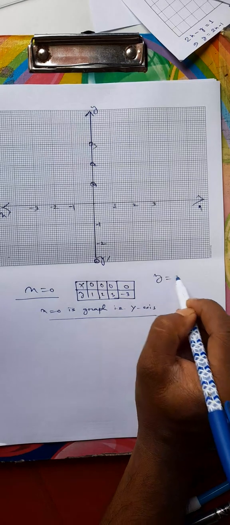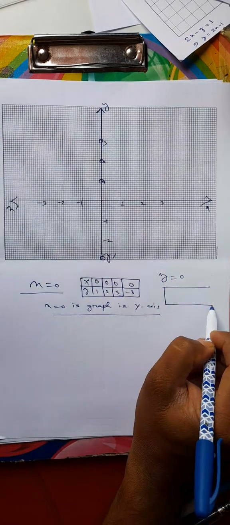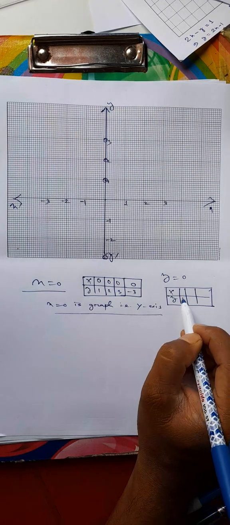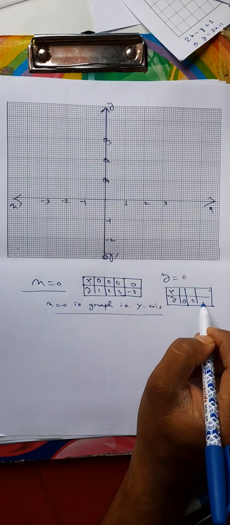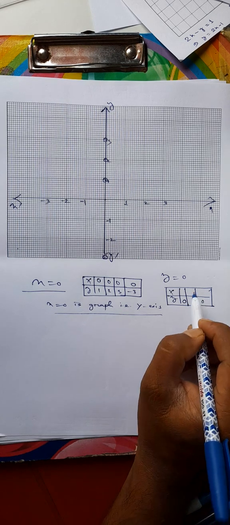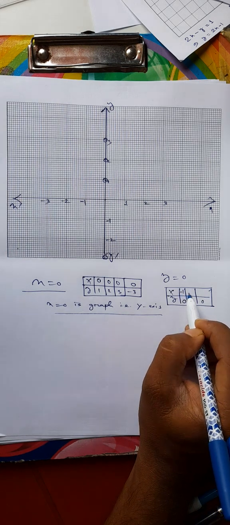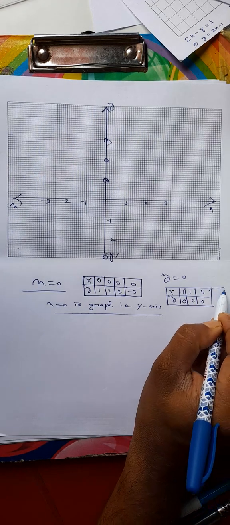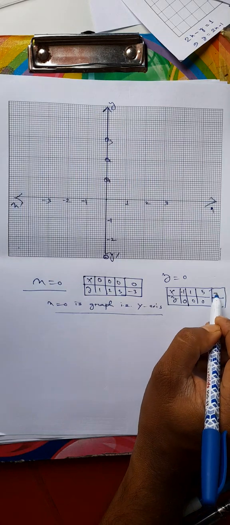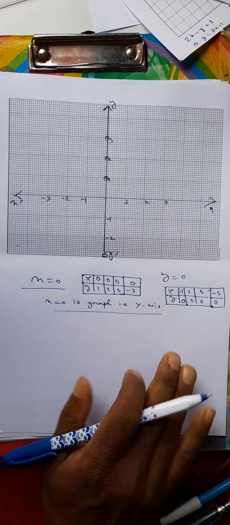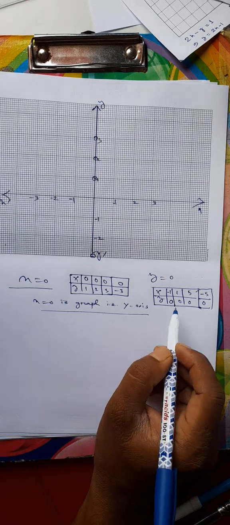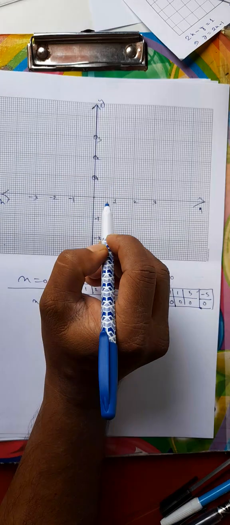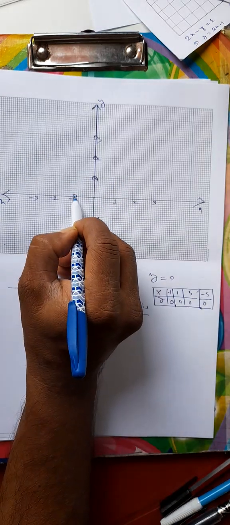Similarly, let us draw the graph of the equation y equal to 0. That means for any values of x, y equal to 0. Say x equal to minus 1, 1, 5, minus 5, y equal to 0. X equal to minus 1, y 0 means this point.